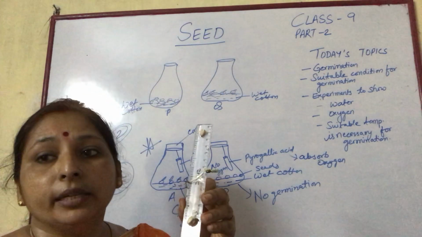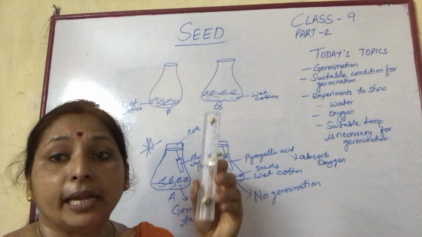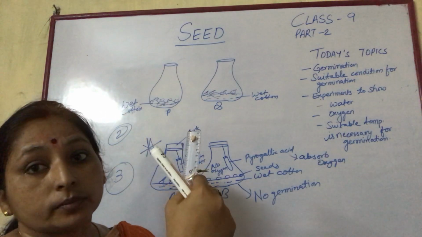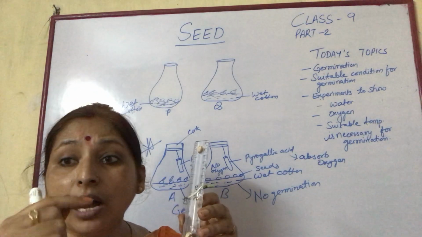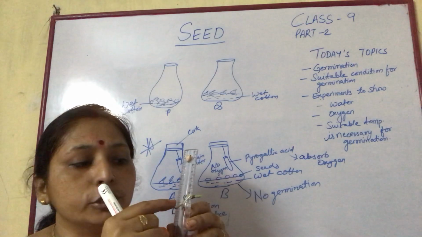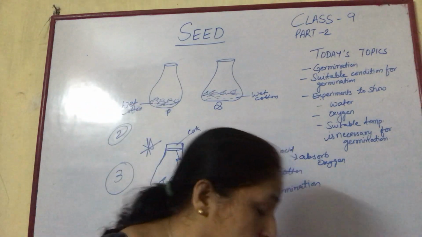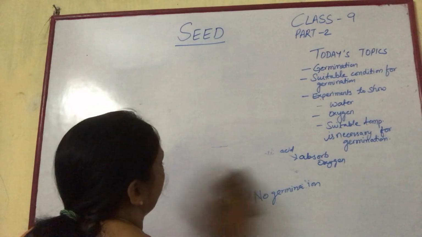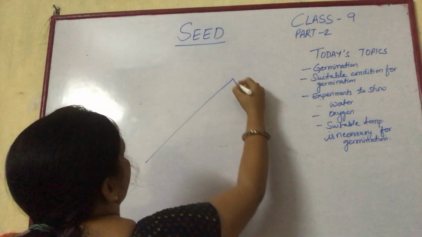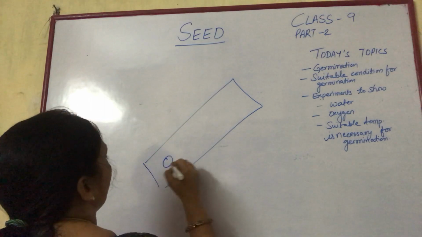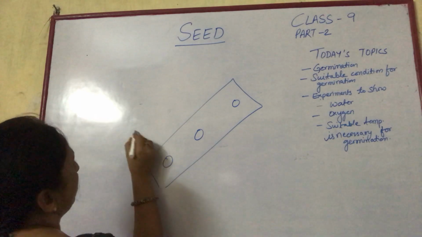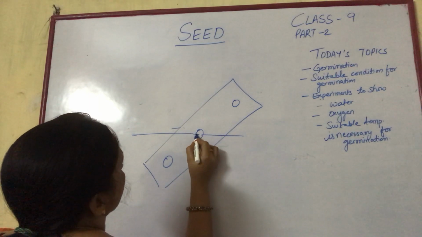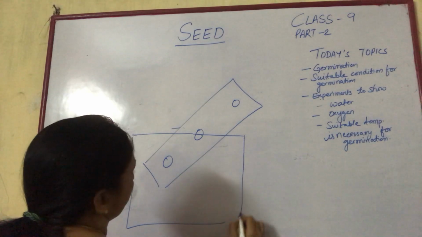We have placed this scale in such a manner that the level of water is up to this point, so that the middle seed is half immersed in water and the other half is above water.